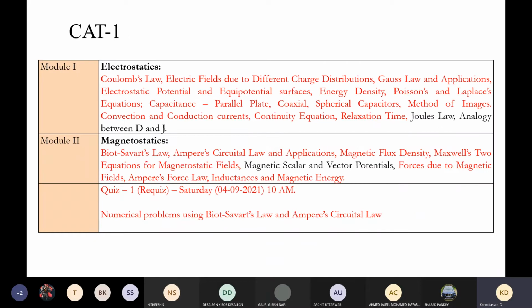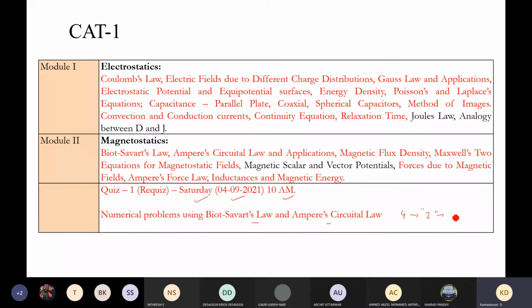I also discussed the CAT one, and we already discussed quiz one. Quiz one will be conducted again on Saturday, that is the 4th, at 10 a.m. This will be completely numerical problems from the Biot-Savart law and Ampere's law. You will be given 4 questions, and you will attend 3 questions out of that.